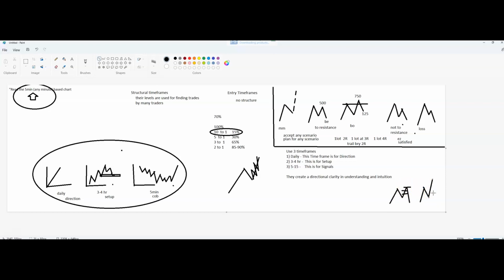So coming back to the original point, thinking in probabilities and accepting the way the market is, you want to then accept and plan for the different scenarios. When you think in probabilities, there's a probability that it'll do this big move. There's a probability that it'll go to resistance.